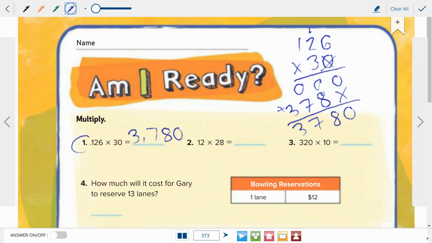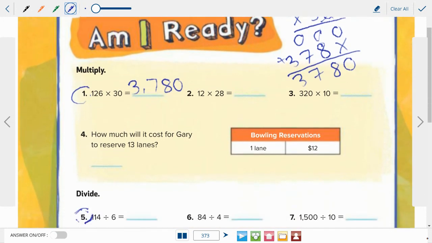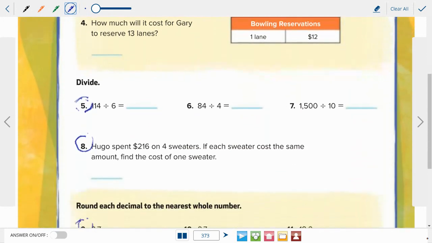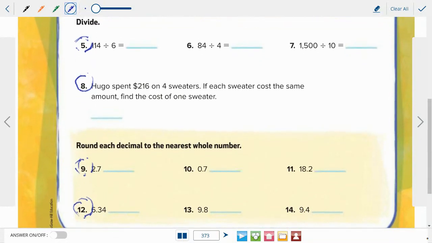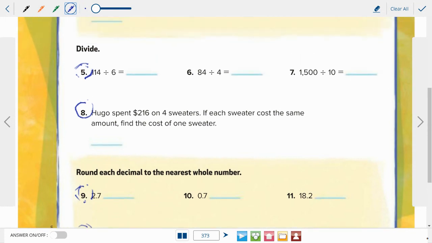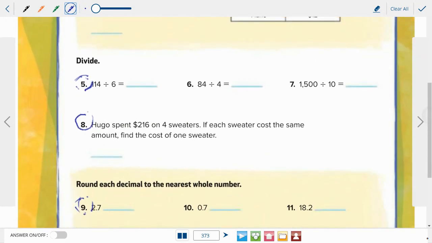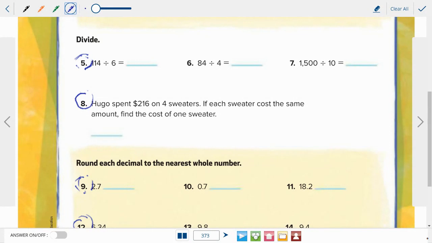Pause it if you still need it. I'm going to scroll down. All right, so number 5. I'm going to use this space over here. 114 divided by 6. 6 does not go into 1.